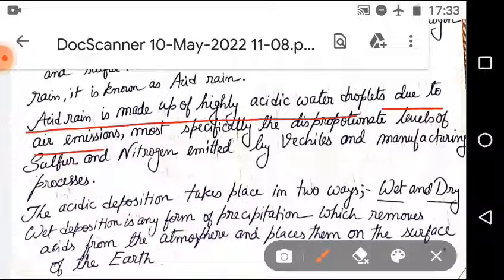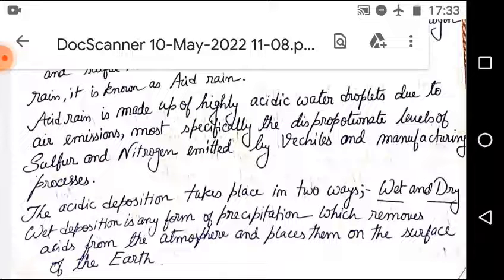How do these acidic water droplets occur? The smoke from the chimneys of factories and from exhaust pipes not only releases carbon monoxide or carbon dioxide, but also some poisonous gases. These gases go up into the atmosphere because they are light, and they interact with the water droplets that form the clouds and come down as acid rain.